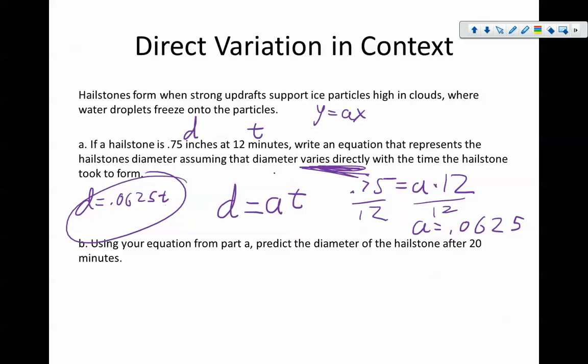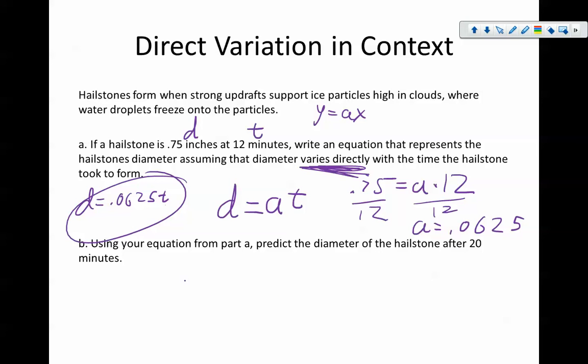And honestly, once you've got a hailstone that is an inch in diameter, that's like half the size of a golf ball. That's not the kind of thing you want to be out in. That is killer hailstone weather. That is death by hailstone. So it's probably good that it's not an extremely fast rate of increase here.